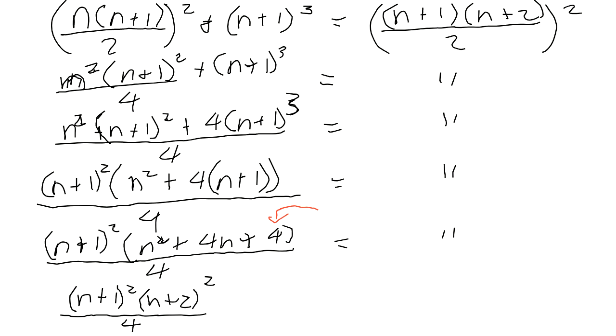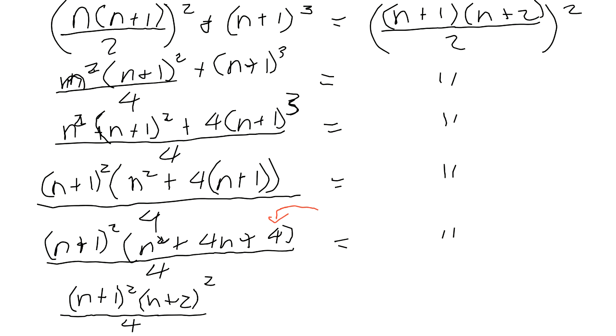So let's say the middle term is 6 and the last term is 9, perfect square. So n squared plus 6n plus 9 is going to be n plus 3 squared. Another way to look at it is if half of the middle coefficient is the same as the square root of the last term, it's a perfect square.